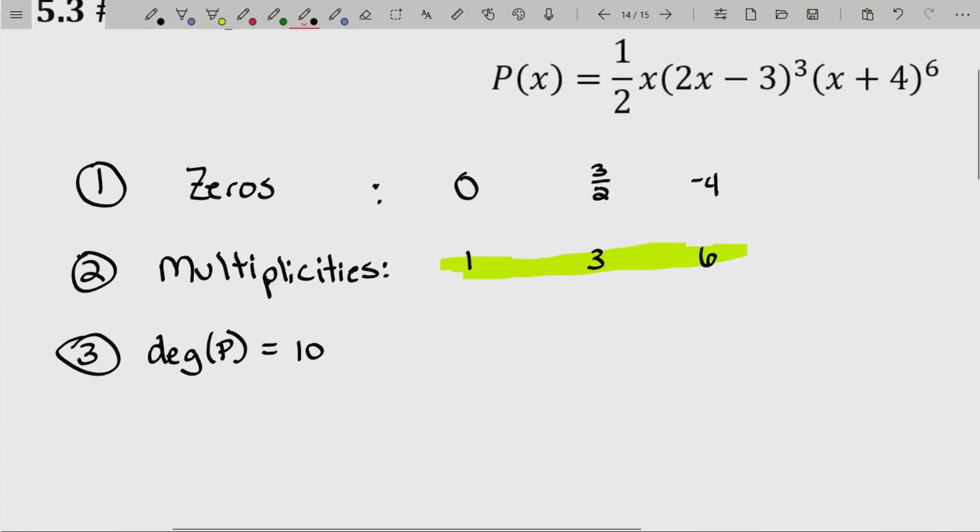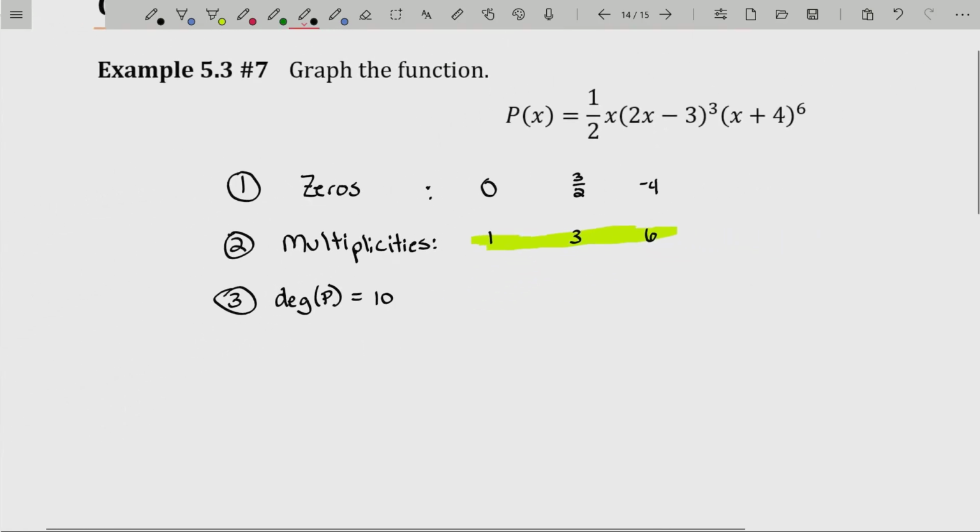Now, the last thing you should probably note is which way is this polynomial opening? In other words, talk about the end behavior. So I'm going to note that the leading coefficient here is positive. I don't care what number it is, and often it'll be too difficult to find. So it's much better just to say the leading coefficient is positive.